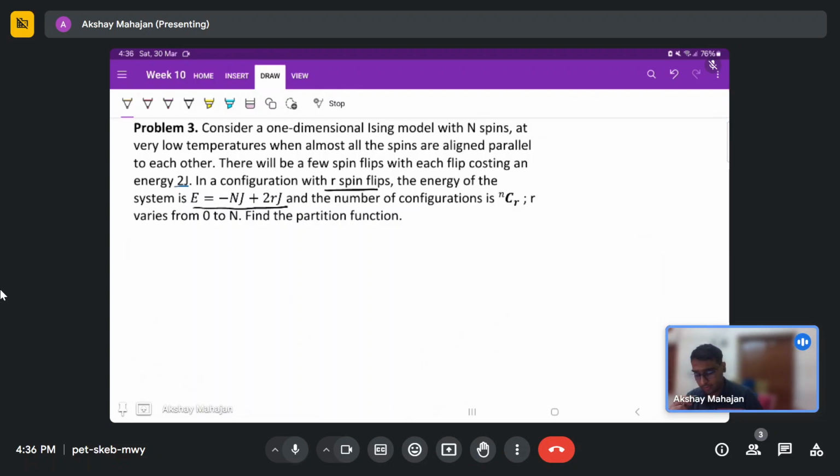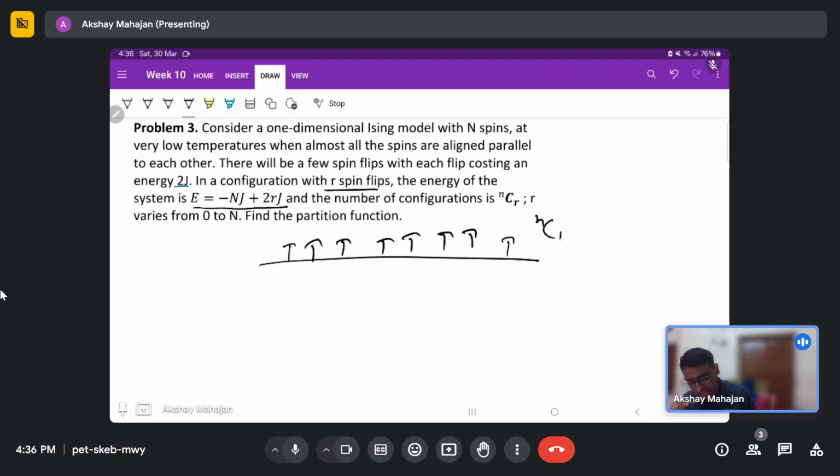The spin flips could be anywhere from 0 to n, and accordingly we have the number of configurations with that many spin flips. If you take one spin flip among the n spins, you can flip any of them.